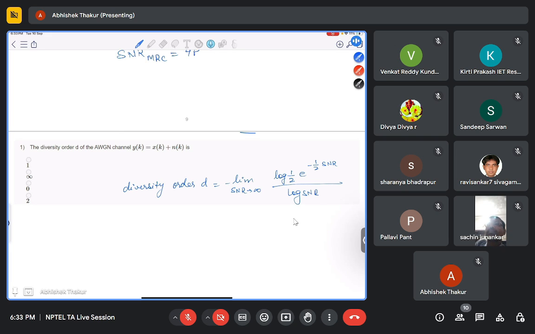Actually, the main formula is, like the actual formula is, minus limit SNR tends to infinity of log of probability of error divided by log of SNR. So we all know that the probability of error in an AWGN channel is given as half e to the power of minus half SNR.